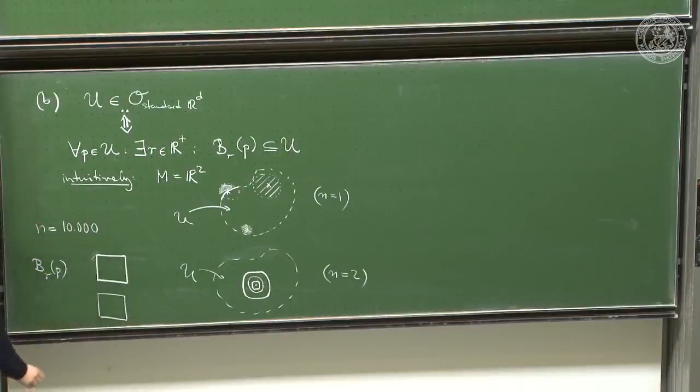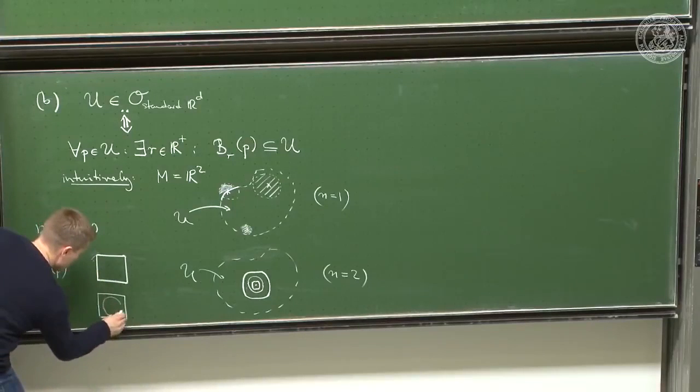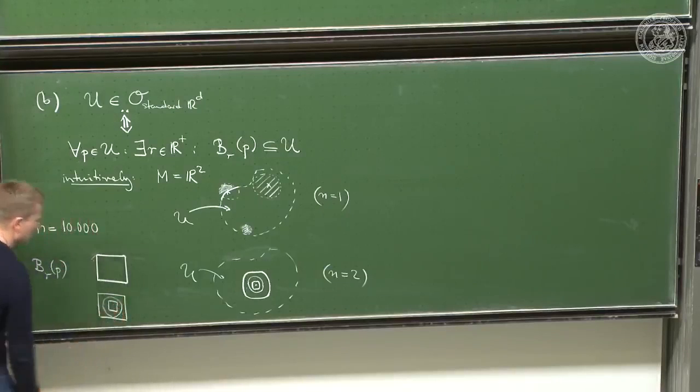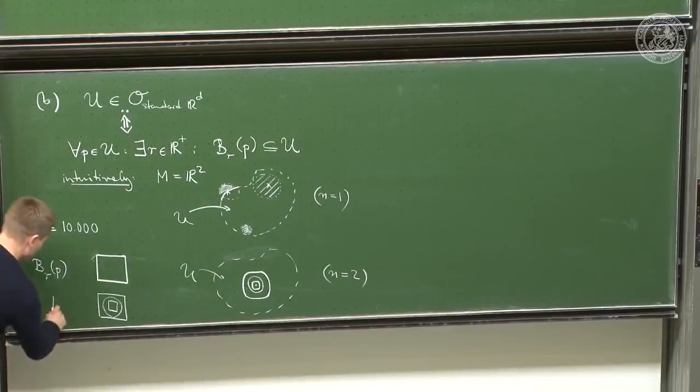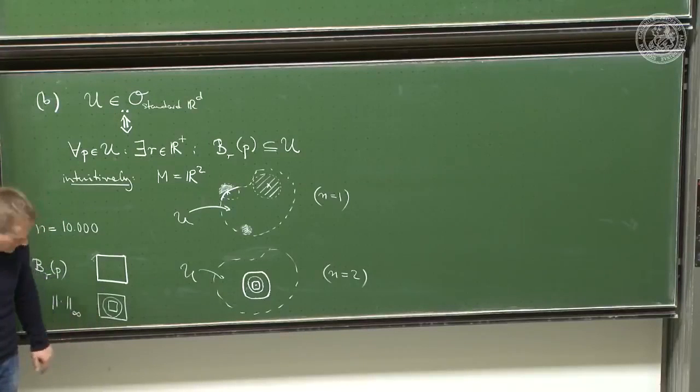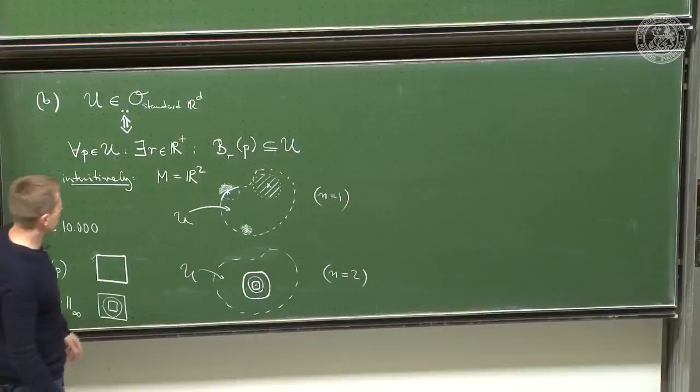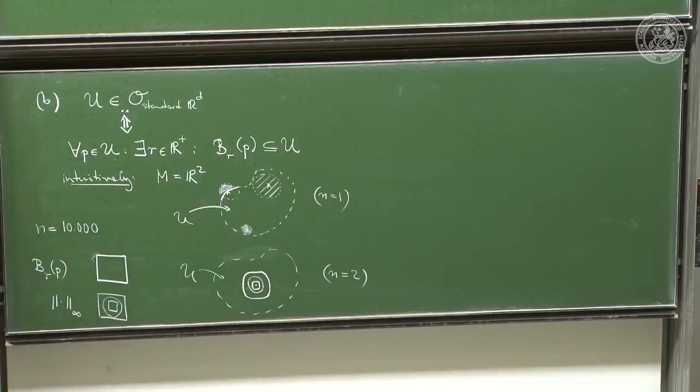But no matter how big n is, every box contains a ball, and every ball can contain a box, and that then gives you the infinity norm, usually called the maximum norm, which can also be written more neatly without infinities, with absolute values. Those are these boxes. But the topology built this way is always the same, so it doesn't matter which norm you choose.